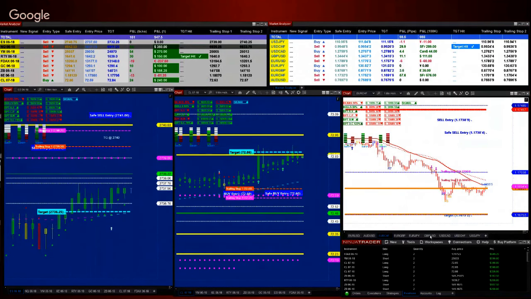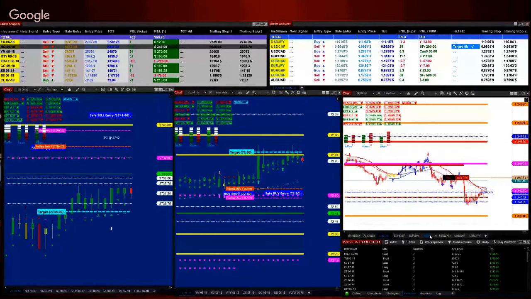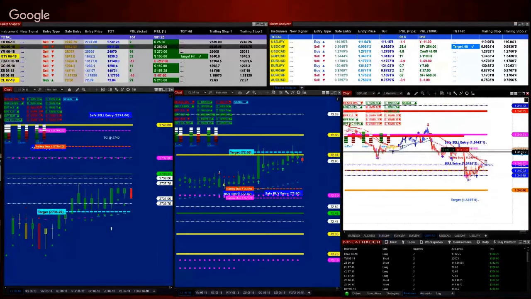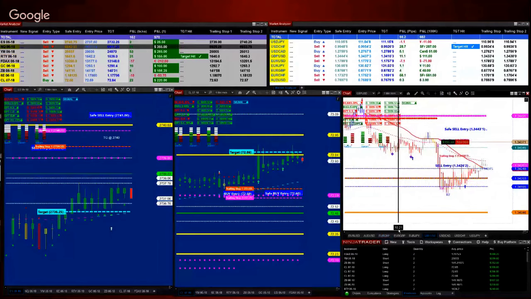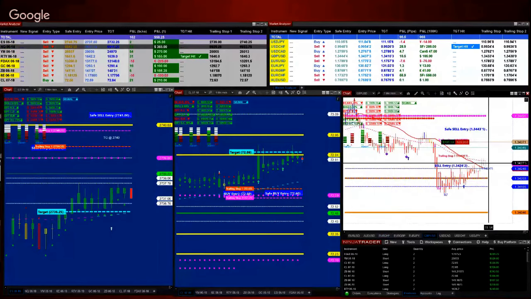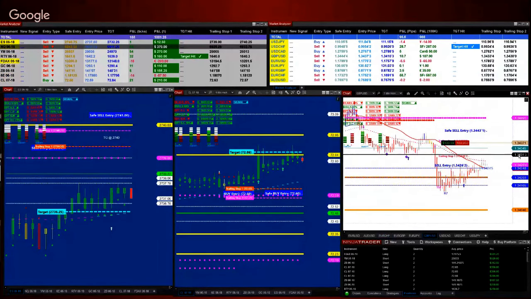Let's look at, even on the Forex, you can see how the lines are accurate, and you can see where it's been projected.